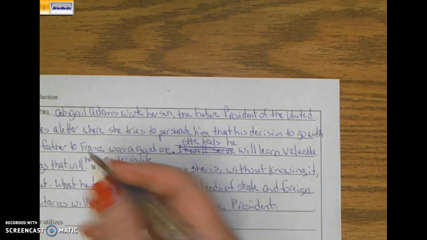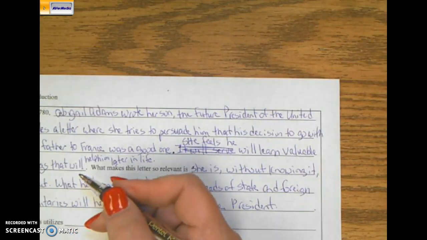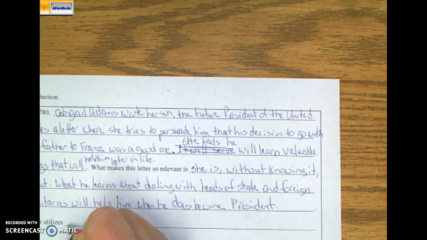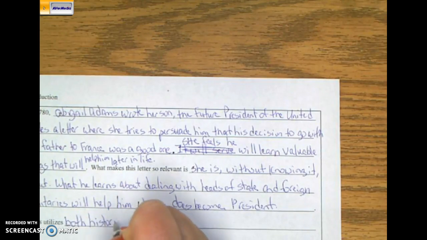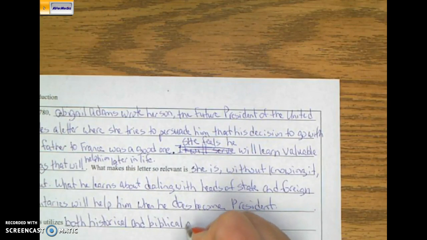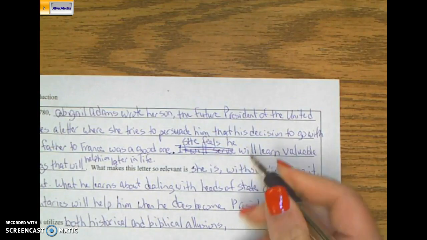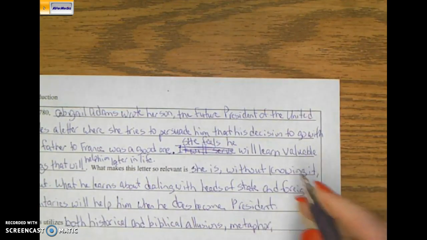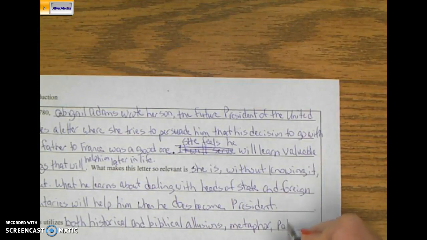Adams utilizes both historical and biblical allusions. I want you to notice the order I'm putting these in. Comma. Metaphors. Next I'm going to say metaphor. Pathos.